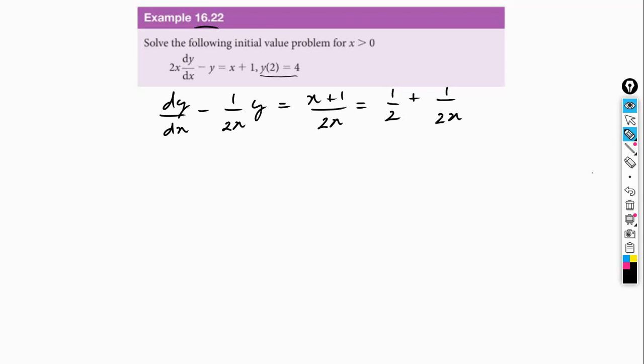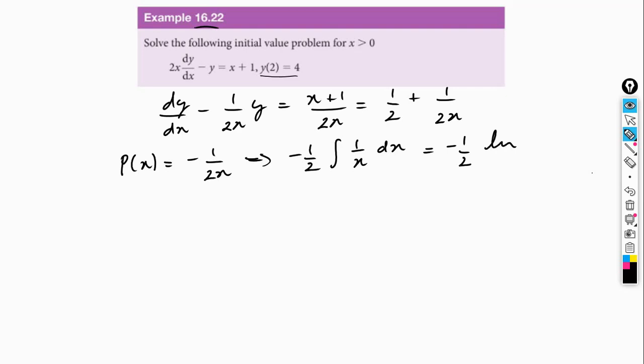So p of x is minus 1 over 2x. The integral of this would be minus 1/2 times the integral of 1 over x dx, which will give us minus 1/2 times the natural logarithm of x, and this is going to be the natural logarithm of x to the minus 1/2.